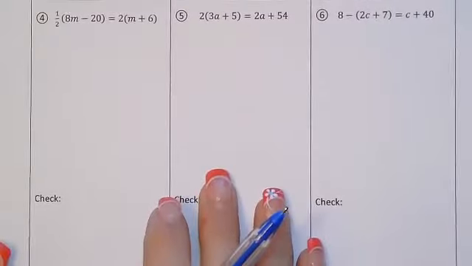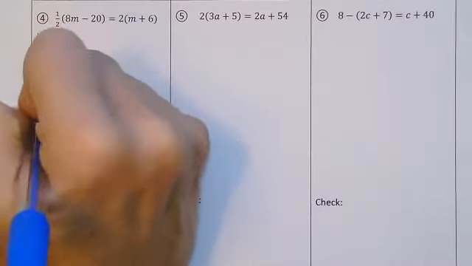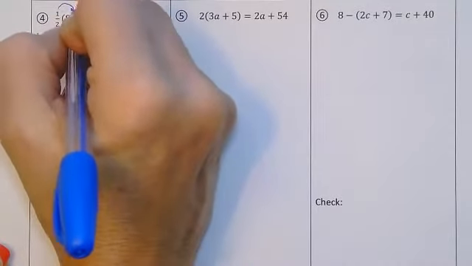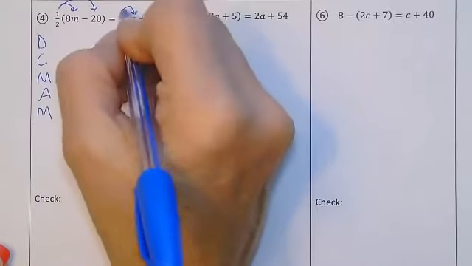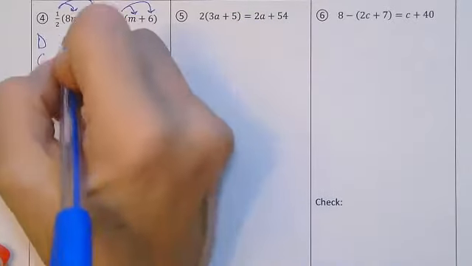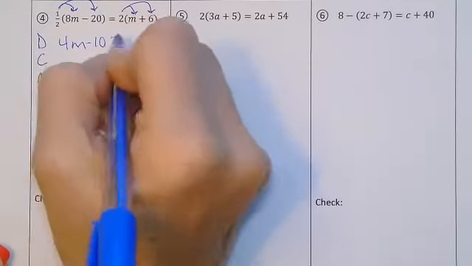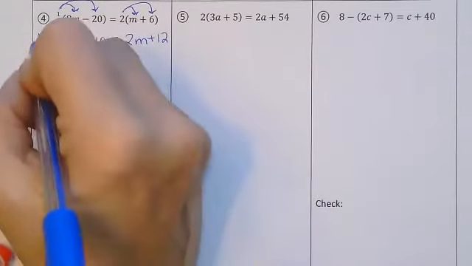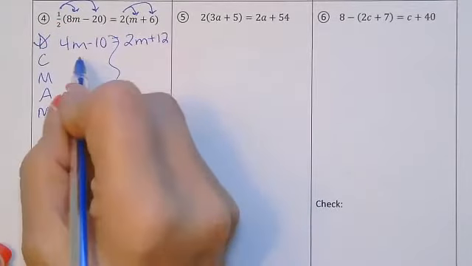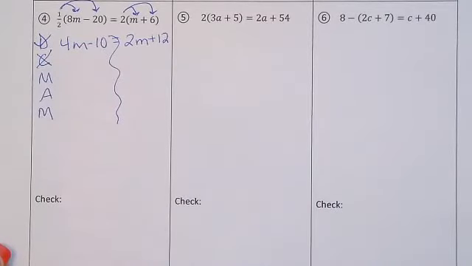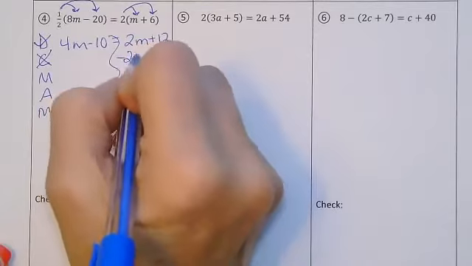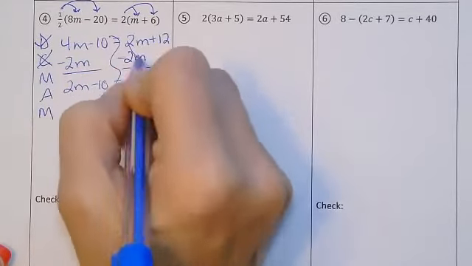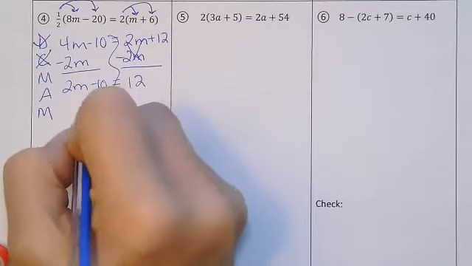Number 4. Checklist. Distribute. Combine. Move variable. Move constant.